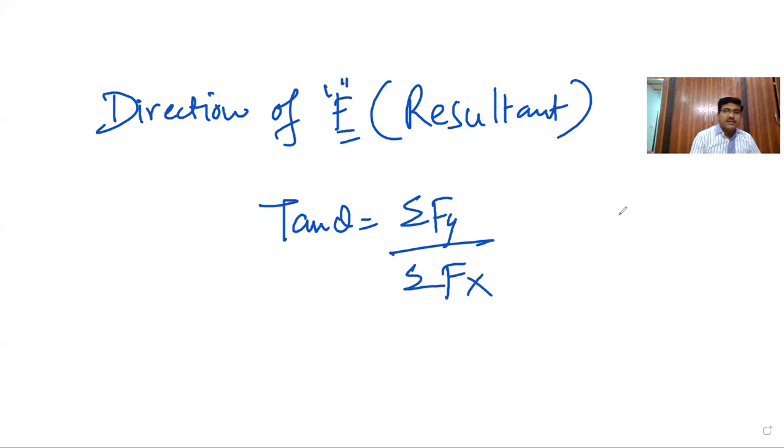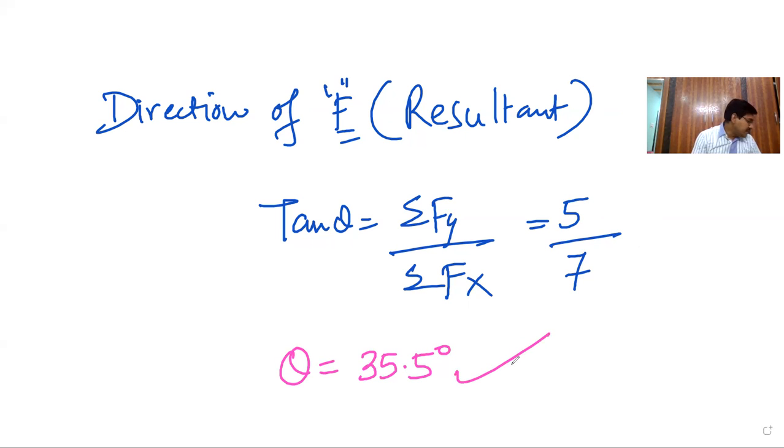Sigma of y components is 5 meters by 7 meters. On simplification, theta becomes 35.5 degrees. This is the complete theta.